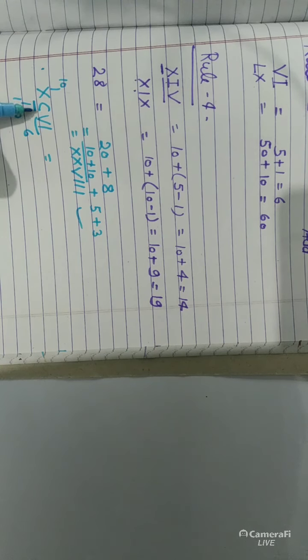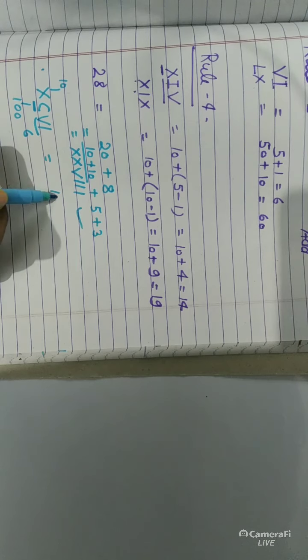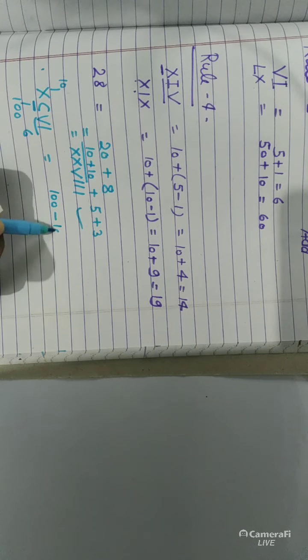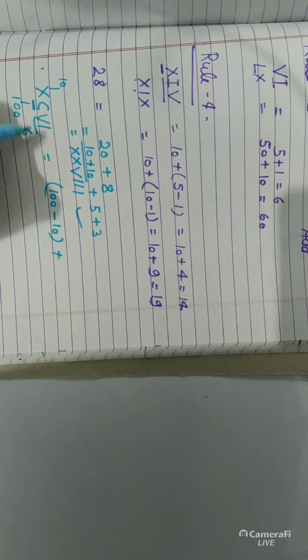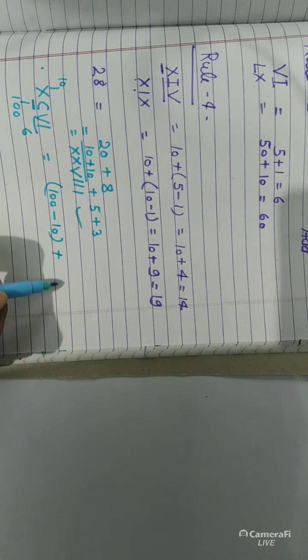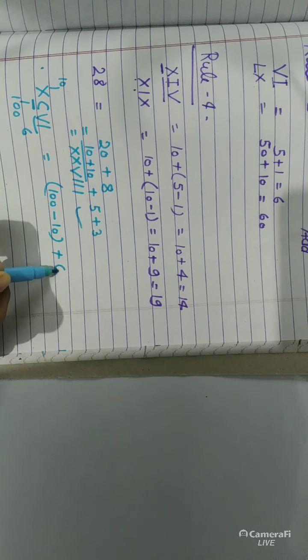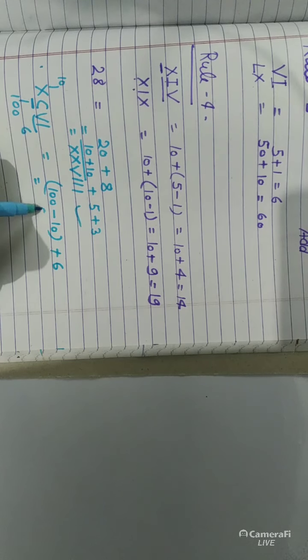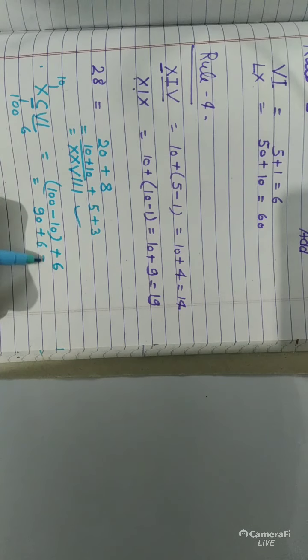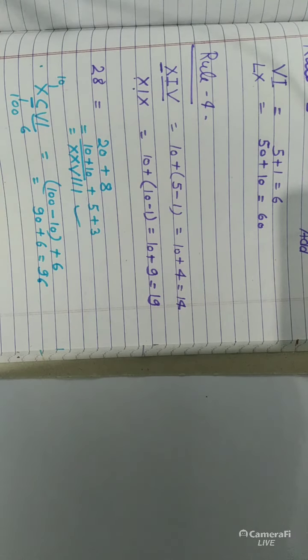Here 10 is smaller than 100, so first you will subtract, because it is written to the left side of the larger number. Then first you will subtract 100 minus 10, and then add the number written to the right side, which means 6. 100 minus 10 is 90, and plus 6 is equal to 96.